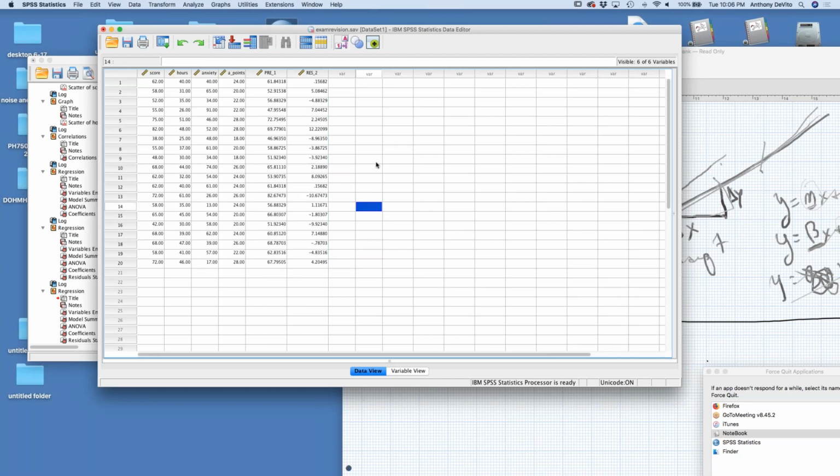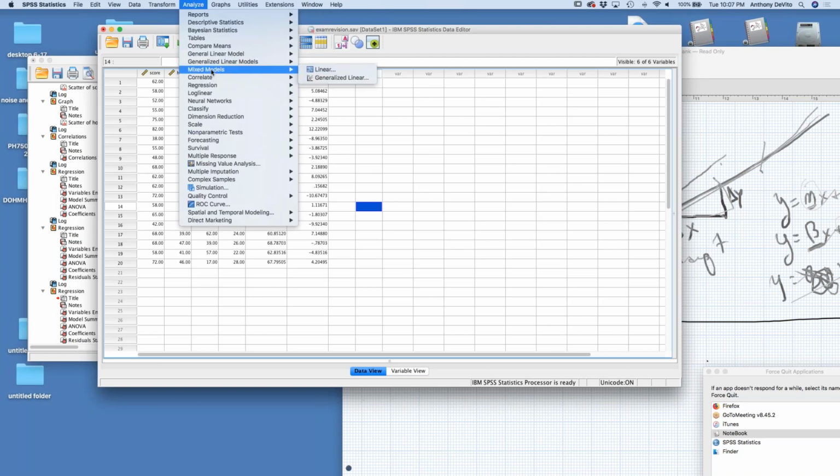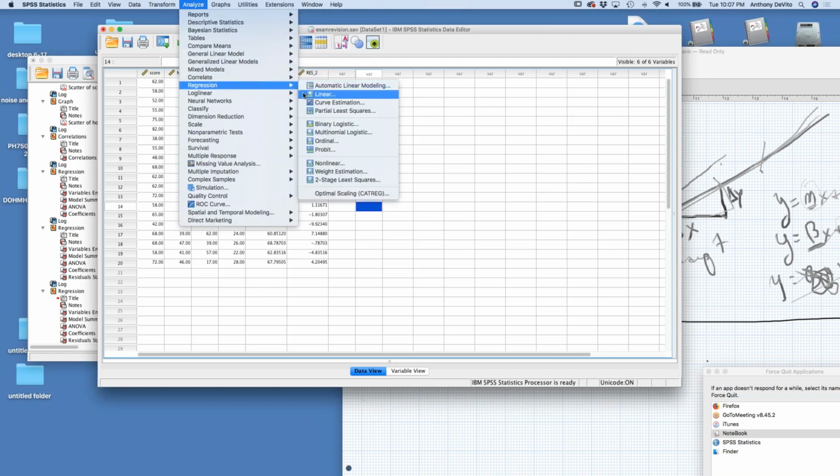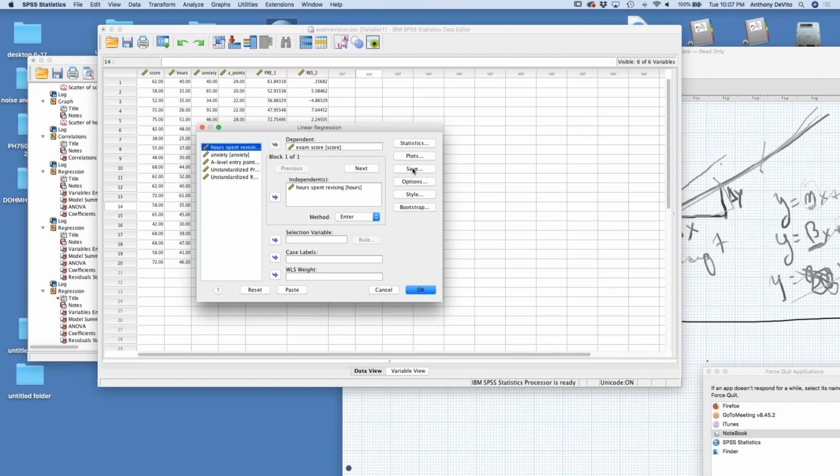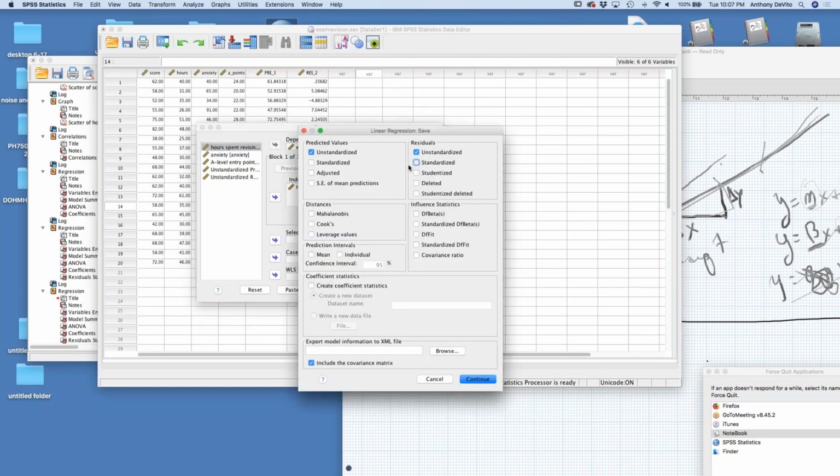One of the ways we could do that is to go back here, Analyze, Regression, Linear. We can ask it to calculate the standardized values for the predicted values and the residual values.